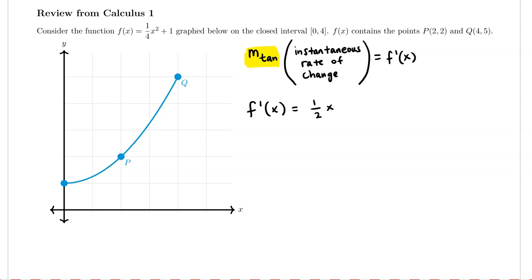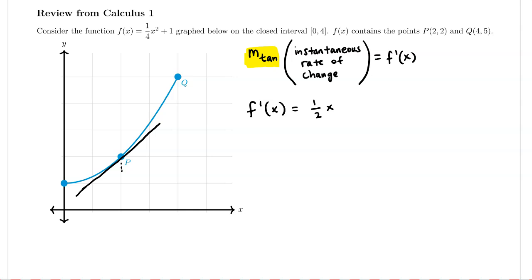The reason that we care about this function is now anywhere along my original function, I can find the slope of the tangent line or the instantaneous rate of change. So let's find it where we were originally looking. So suppose this is our tangent line right here, and we'd like to find the slope of that tangent line.